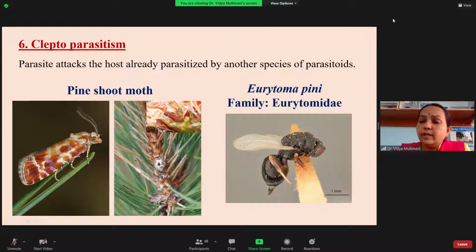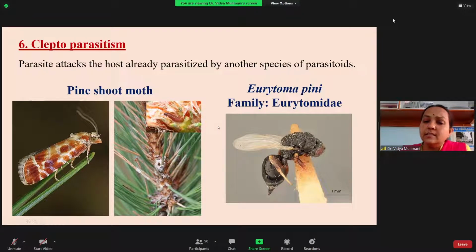And this is also a rare character. You will not find it most commonly. So it decides, that means Eurytoma pinni is highly competitive. Okay, so it gets the nutrition of the primary parasitoid, plus it feeds on the larvae, whatever it has. So that is what you call kleptoparasitism.